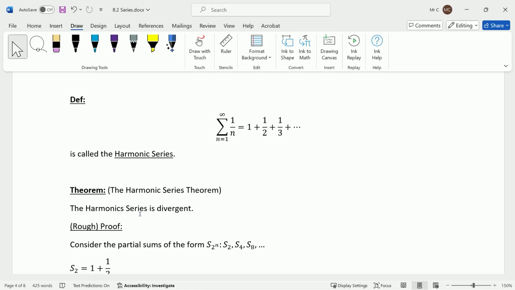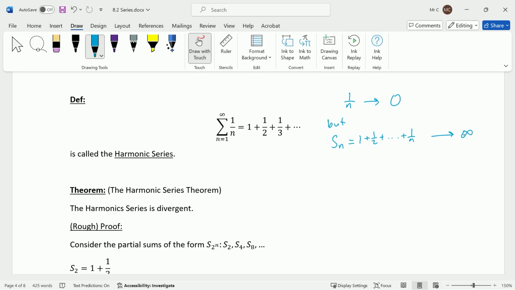Now, one thing I want to point out, 1 over n in this case goes to 0, but the sum of these terms, 1 plus 1/2 plus and so on, plus 1 over n, goes to infinity.